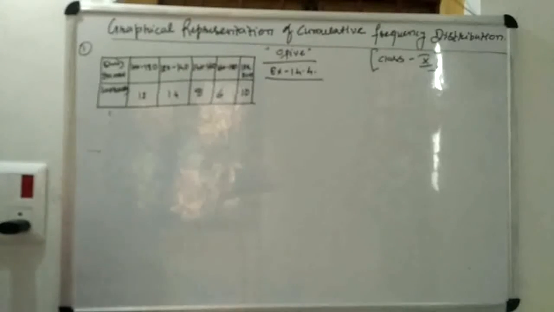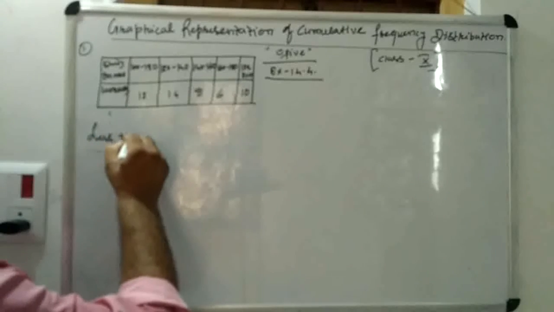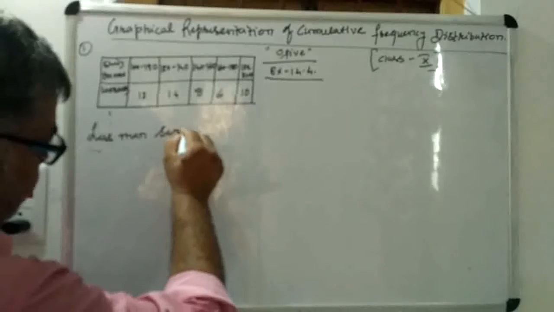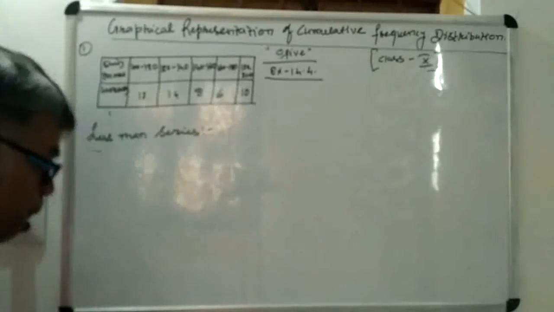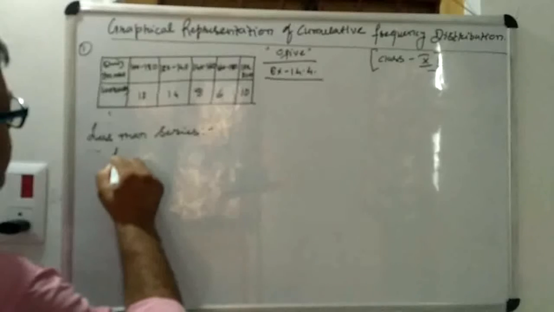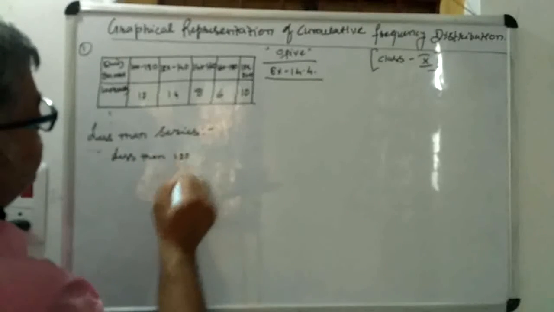Now the question is to convert the distribution above to a less than type cumulative frequency distribution and draw its ogive. So first you have to draw the less than series, or less than type. For 100 to 120, you can write less than 120.